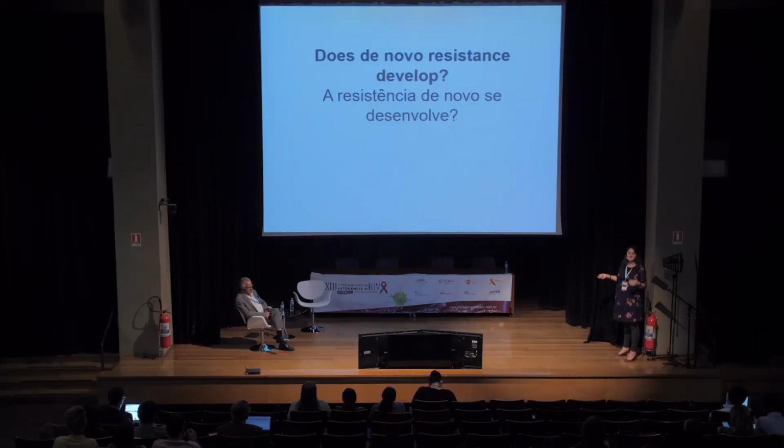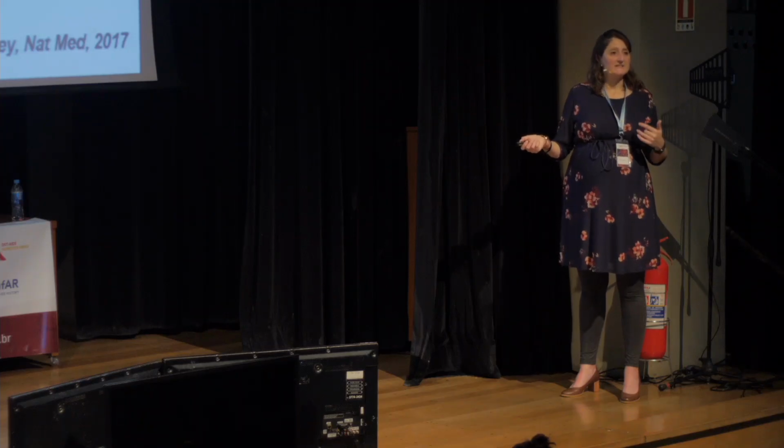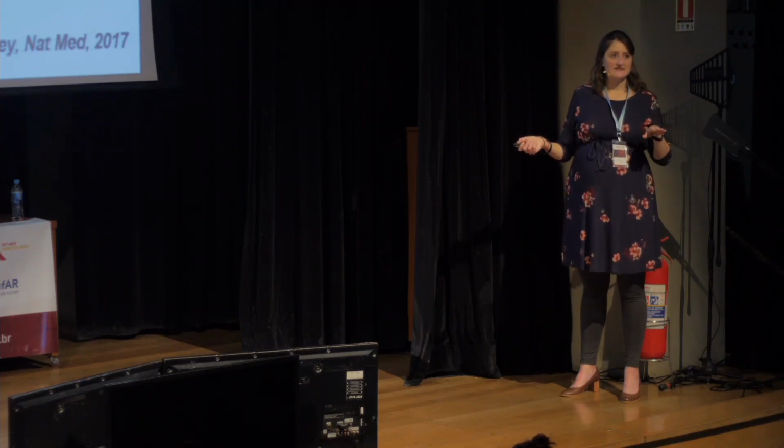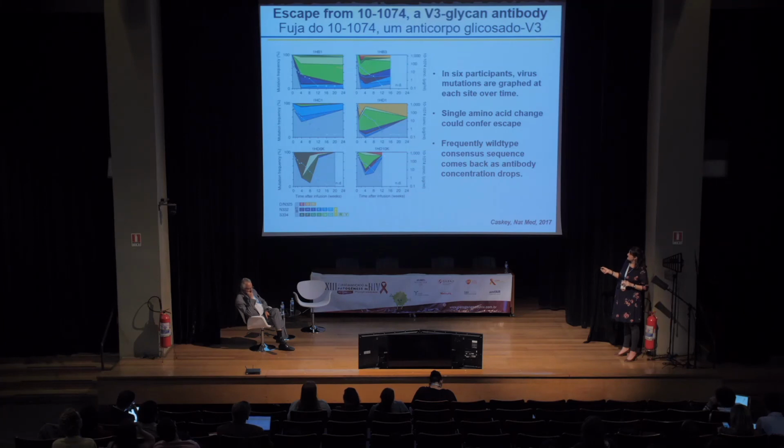Does de novo resistance develop after you treat someone with antibody? Here I'll highlight work from the Rockefeller lab where they treated people with 10-1074, which is an antibody that sees the V3 glycan site. So the glycan is actually very important within the epitope. Here are graphs showing 6 people they infused with this antibody.